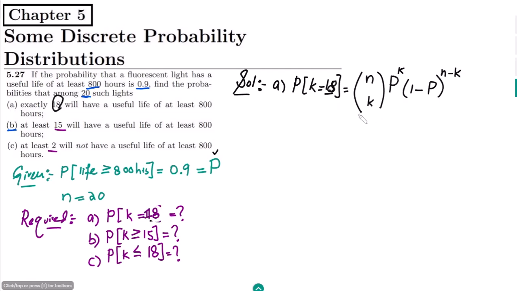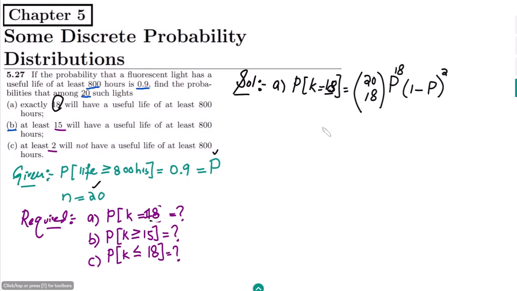So let me write 18 for k, and the value of n is 20, so n minus k is 20 minus 18, which is 2.